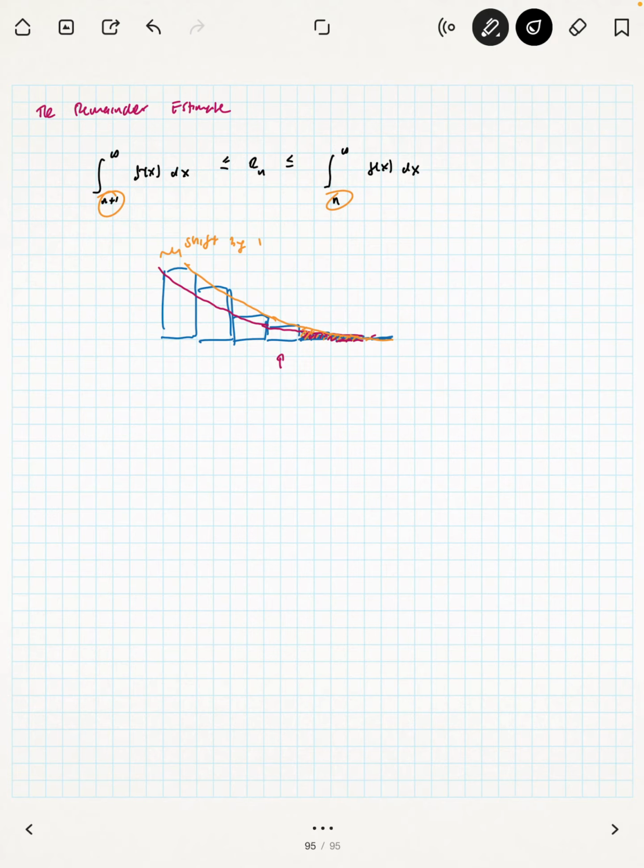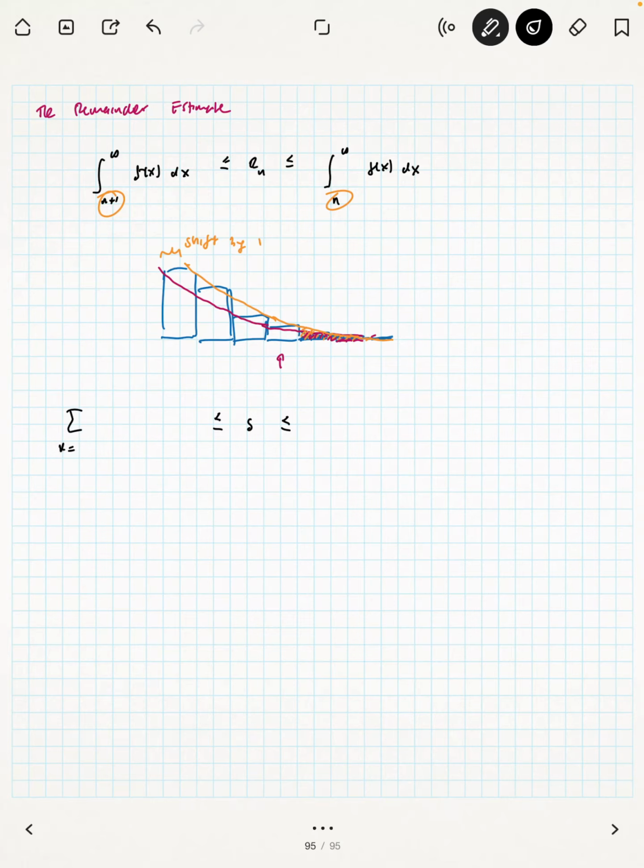Another helpful view of this is that because R_n, the remainder, is the difference between the series and the truncated series, we can do a little bit of algebra to say that the actual value of the series is also wedged between two values.